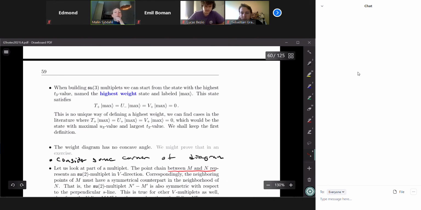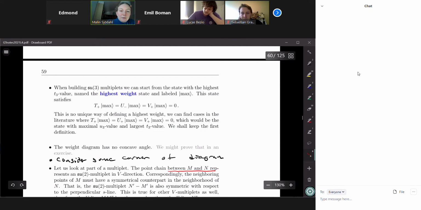Analogous to the SU2 case, we define a maximal or highest weight state. So in the SU2 case, that was the state with the highest Lz. Well, here we have 3 directions and we cannot maximize them all.